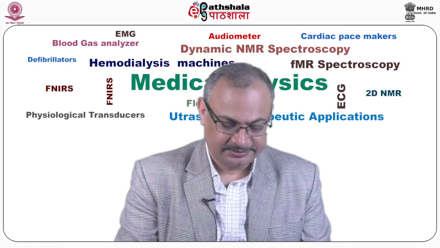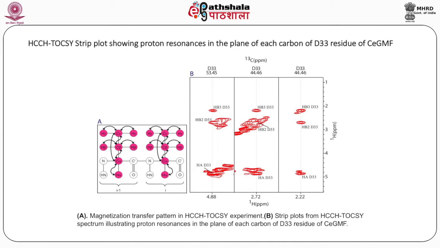In this slide, we see the HCCH TOCSY strip plot showing proton resonances in the plane of each carbon of the D33 residue of CEGMF. So, there are 3 strips, and these 3 strips are interrelated, or rather intra-related. All of them have different chemical shifts.